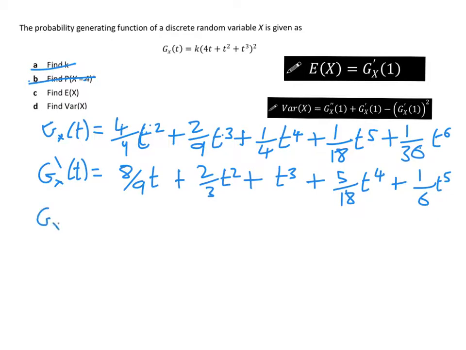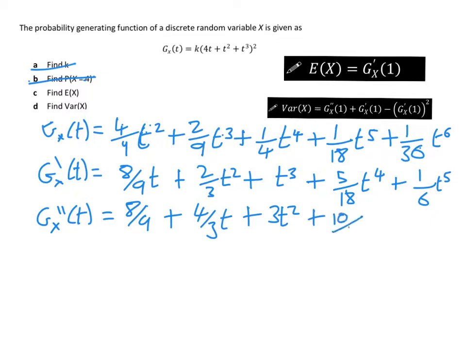Now, g double dash of t, the second differential, you've got 8 over 9 plus 4/3 t plus 3t squared plus 20 over 18, 10/9 t cubed plus 5/6 t to the power 4. So, well, what's the expected value of x?